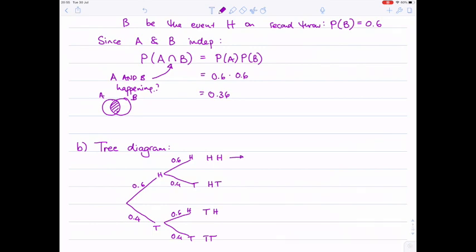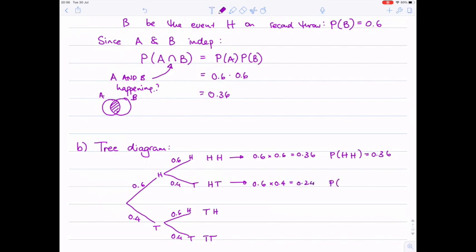And since our throws are independent, we can just multiply the probabilities together. So this is the probability of getting heads times the probability of getting heads, which is 0.36. So our probability of heads, heads, which we actually just proved previously in a slightly different way, is 0.36. Getting heads, tails, 0.6 times 0.4, which is 0.24.